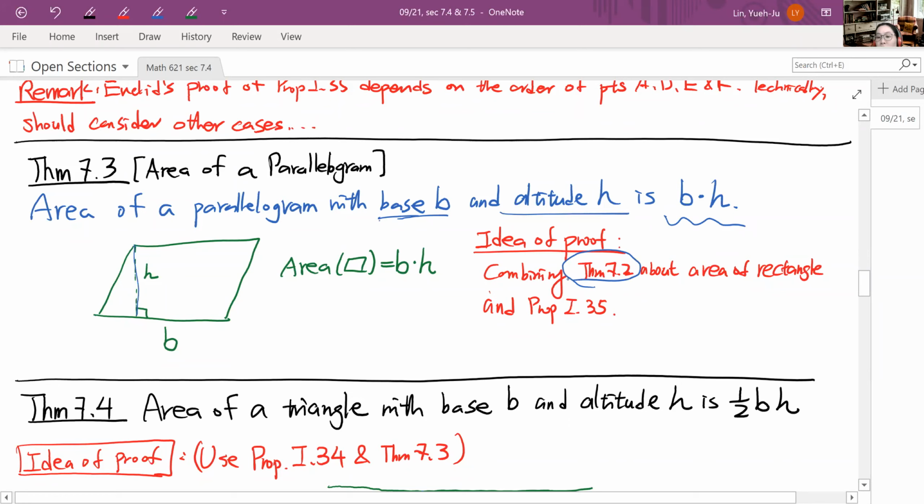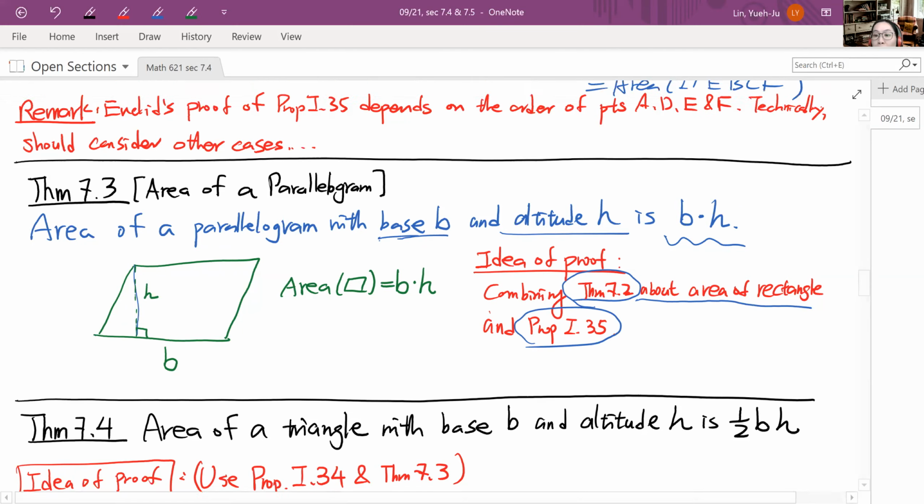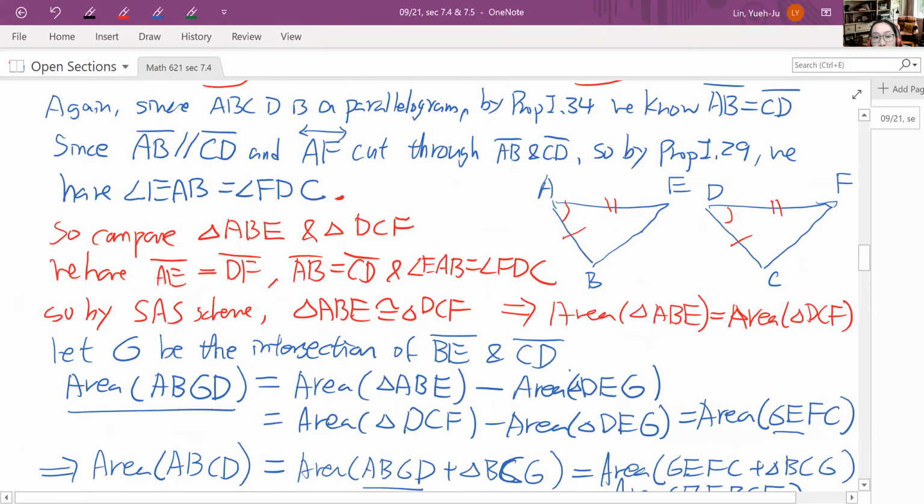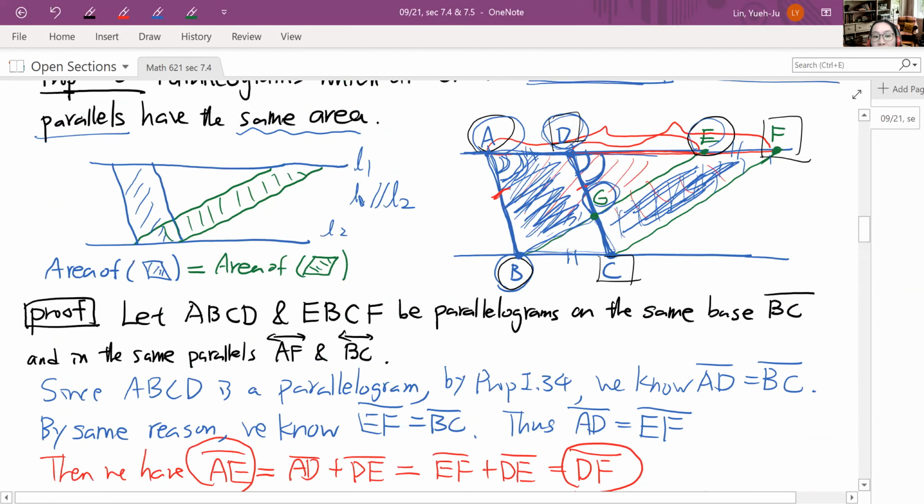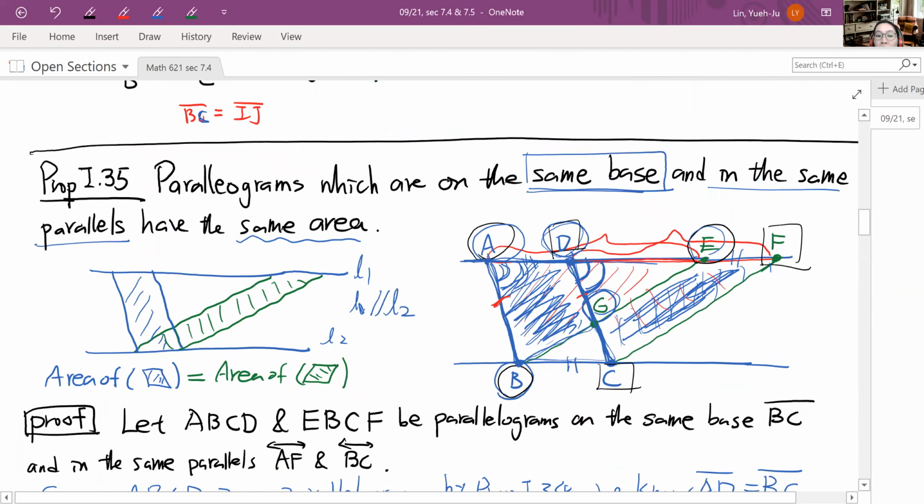What's 7.2? If you go back to section 7.2, it tells you that the area of a rectangle is base times height, which is the same thing here, B times h. And we are going to use 7.2 together with proposition 1.35. 1.35 is the one that we just proved. It says if you have two parallelograms which lie on the same parallels and share the same base, they have the same area.